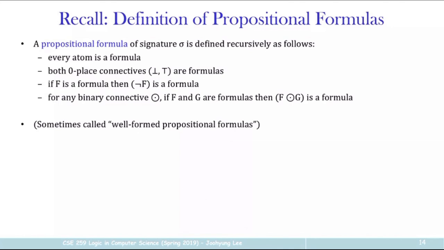And if F is a formula, then this string left parenthesis, negation F, closing parenthesis is a formula. Okay? Or if you have any binary connectives like conjunction, disjunction, implication, okay? If you have a G formula, then this string is also a formula. This was one of the slides that you saw earlier. I think it was lecture 2 probably.